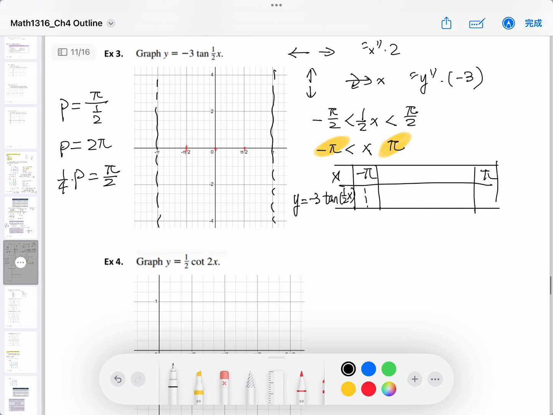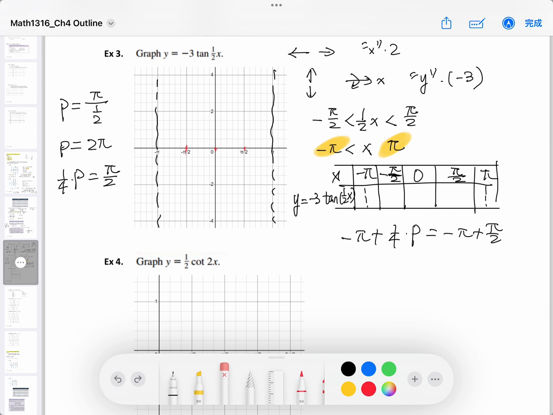Vertical asymptotes. And -pi plus 1/4 times p is equal to -pi plus pi over 2, which is -pi over 2. And then plus pi over 2 is 0, plus pi over 2 is pi. Obviously, I can tell that from the graph.